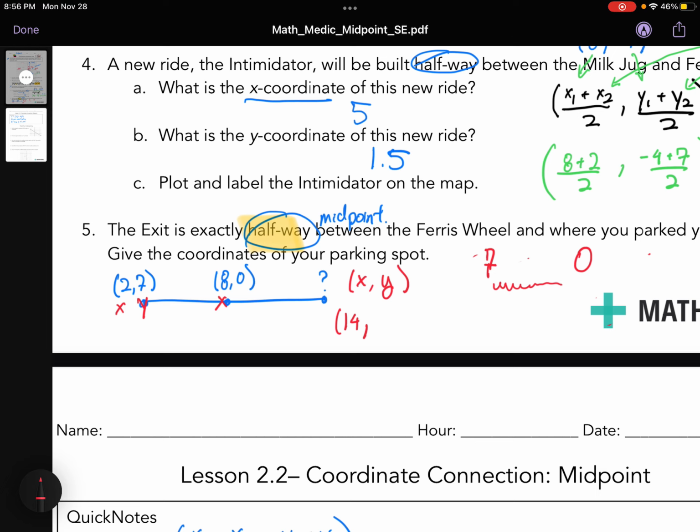How many little jumps do you need to get to 0? You need minus 7. So if you do the same mathematical operation on the y value here, 0 minus 7, you get negative 7. So our parking spot is at 14, comma, negative 7.